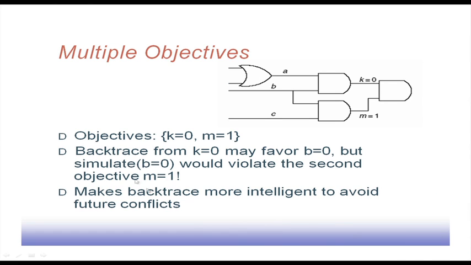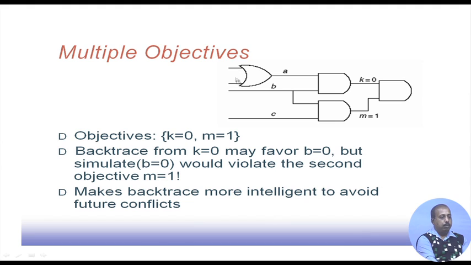Multiple objectives: like in this particular case, suppose we have two objectives, k is to be set equal to 0 and m to be set equal to 1. If we proceed with one objective at a time, for example k equal to 0, this objective has to be satisfied. So if we come back, maybe we will choose b equal to 0, though there are other options through the inputs of these OR gates.